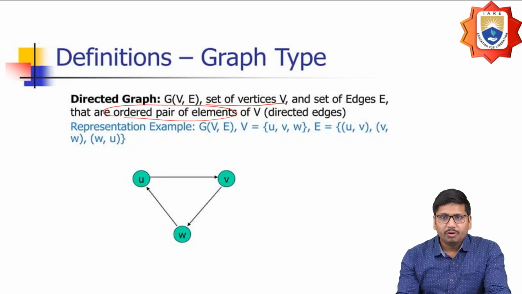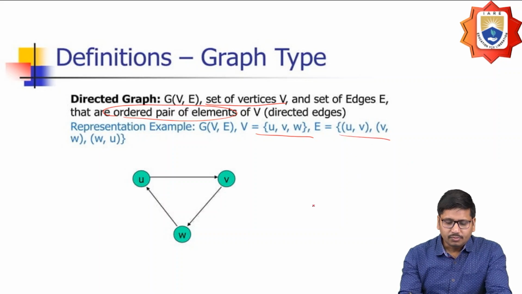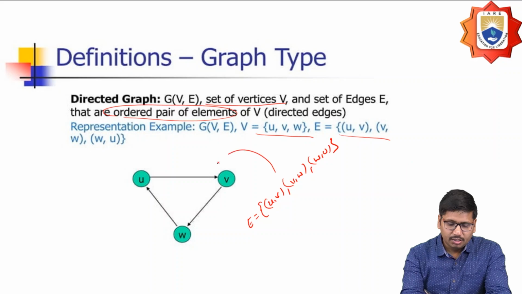The graph is represented as V comma E. So a directed graph may not equal an undirected graph. Here the edge set is UV, and then VW, and then WU.